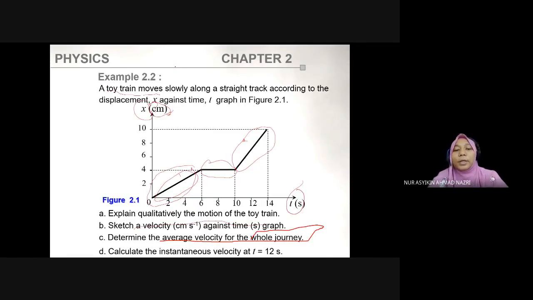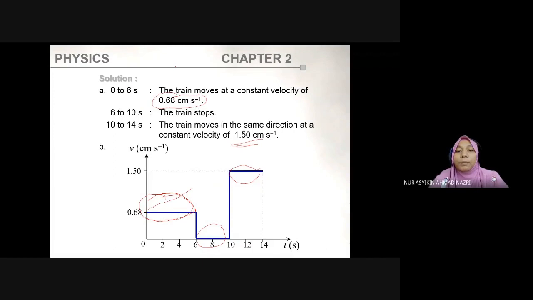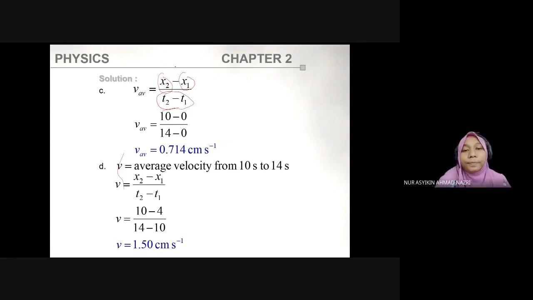Okay. What does part D ask? Calculate the instantaneous velocity at time equal to 12 seconds. Let's see how it's done. Just now was the average velocity, but at time 12 seconds it should be from 10 to 14 seconds only. So we take the displacement that the toy train travels in that time, I mean 4 seconds, but specific to the 10 second to 14 second period, not the earlier 4 seconds.